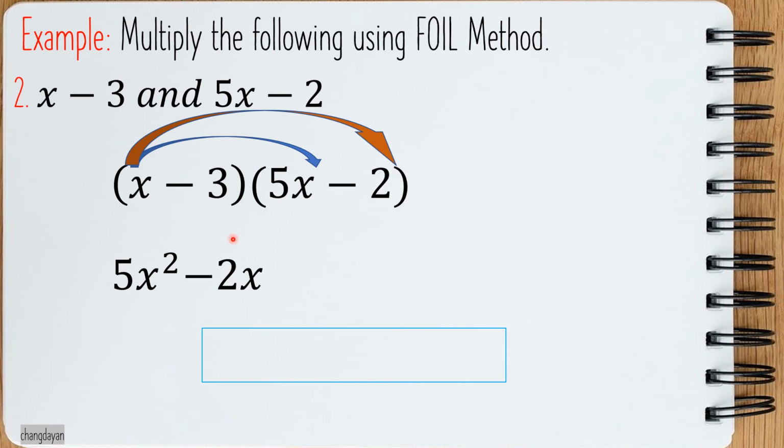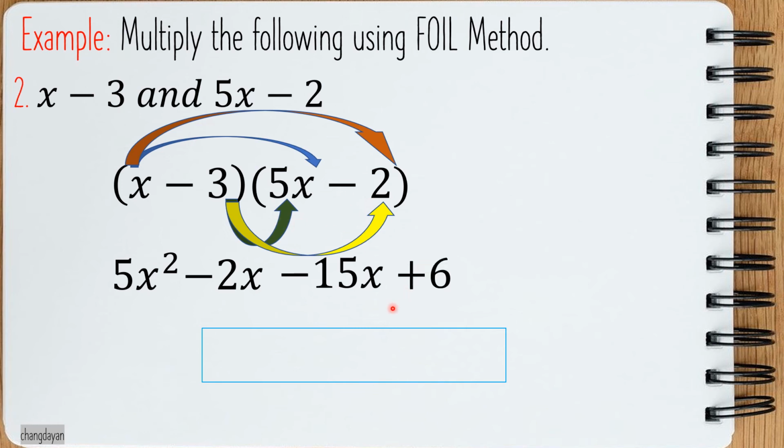Next, multiply the inner terms. Negative 3 times positive 5x. That will give you negative 15x. Now, let us have negative 3 and negative 2. The product here is positive 6. Now, combine like terms.